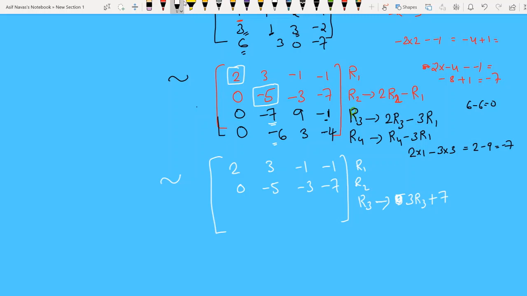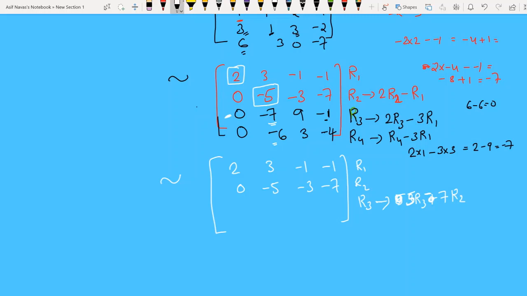7 R2, then 3? Is it 3? Sir, minus 7 R1, 5 R3 minus 7 R1. R1 then there is a problem. If we are taking R1 then this 0 will be getting changed.